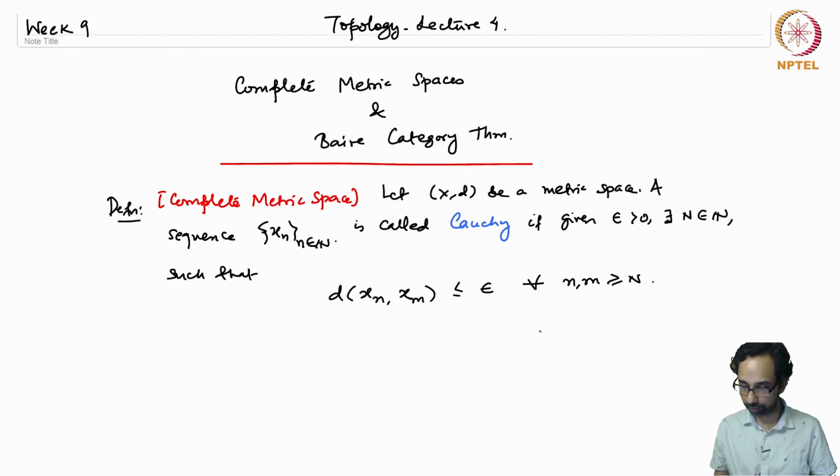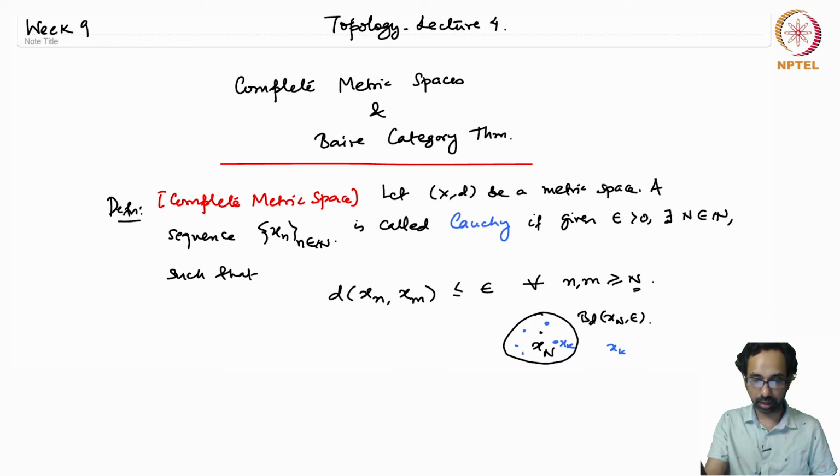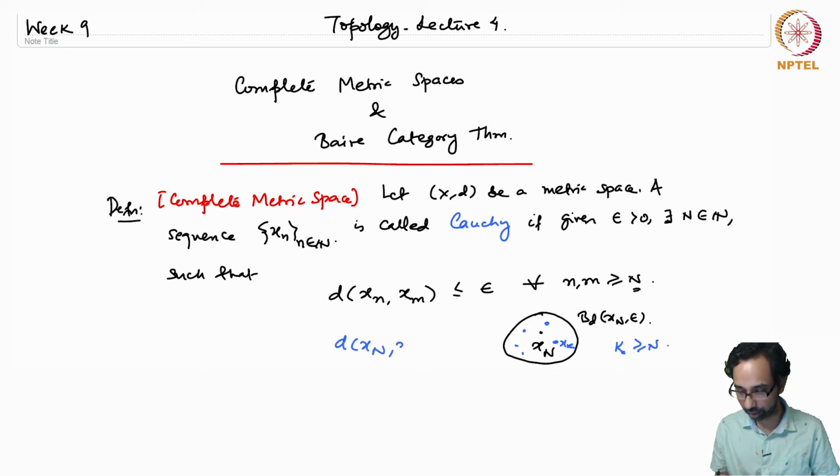So in particular, if you take the point x_N, this capital N here, then the epsilon ball around this, B_d(x_N, epsilon), must contain all of the points x_k for k greater than N. So it contains all these points x_k for k greater than this capital number N. This is because in particular we have d(x_N, x_k) is less than or equal to epsilon.